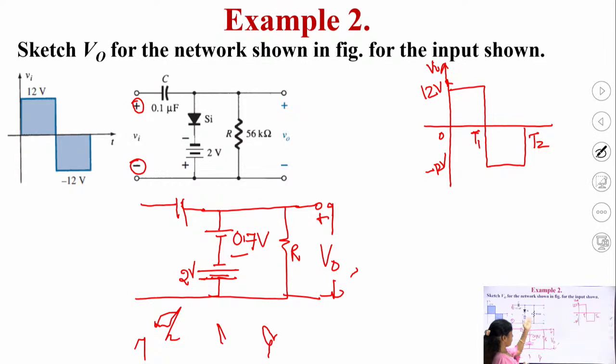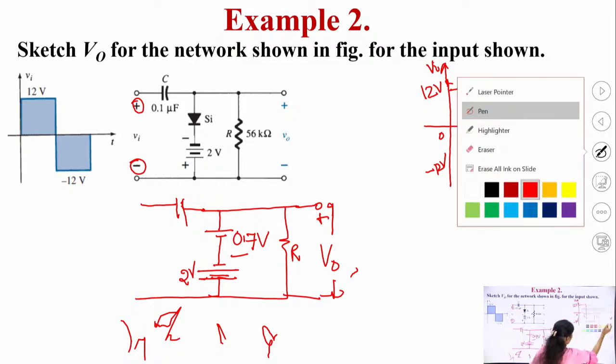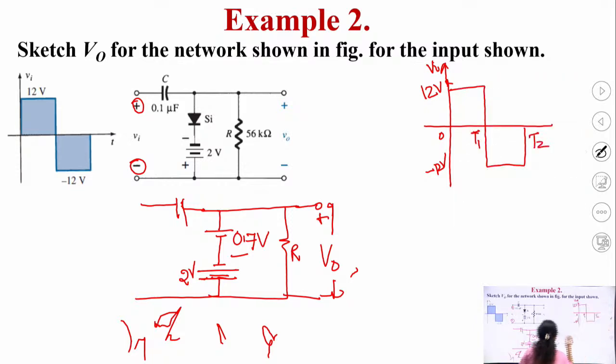So, 75 ohms is a very small value in comparison to 56 kilo ohm. So, the current will not follow this path because this is a very high resistance and the current will always follow the low resistance path. So, the current will be moving through this loop. Here you are having plus and minus and Vi.